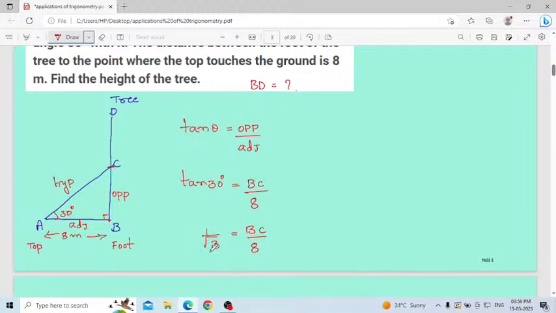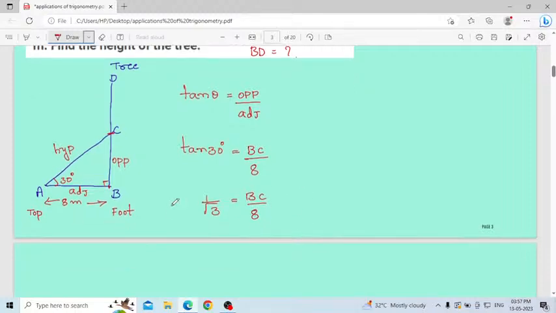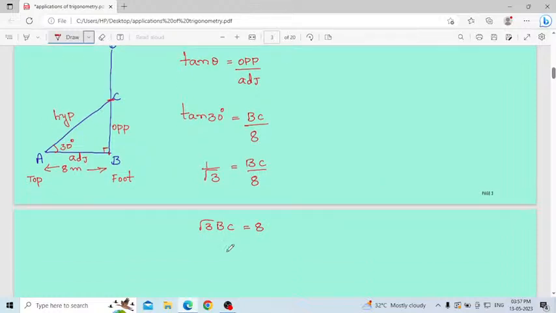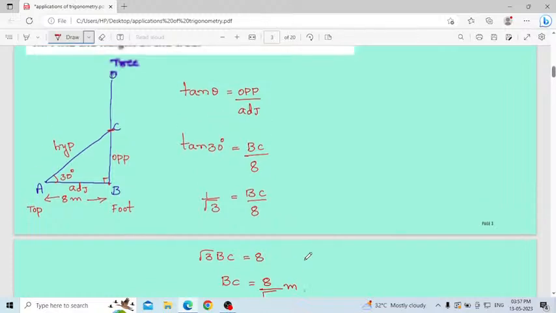Then cross multiply, I will write that in the next step: root 3 BC equals 8, otherwise BC equals 8 divided by root 3 meters. Everything is in meters only, that's why.